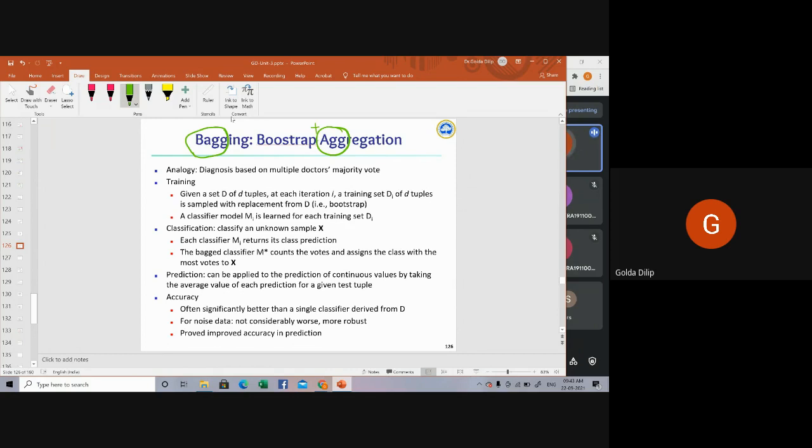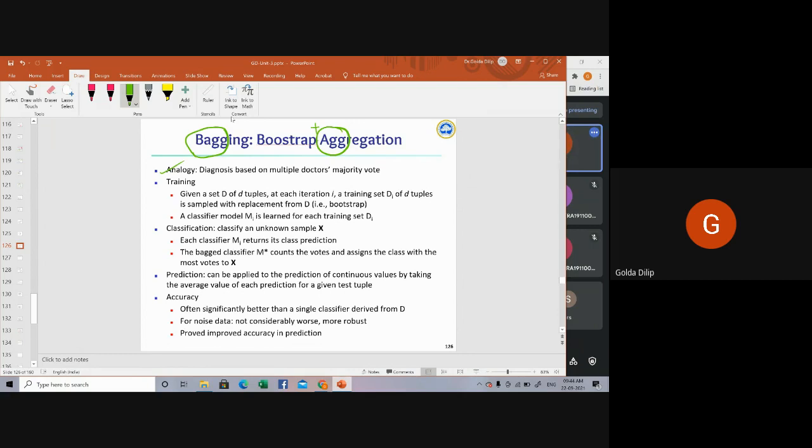We have to discuss how bagging acts as a method for improving the accuracy. To help you understand, I'll tell you a small scenario of what the concept of bagging is all about.